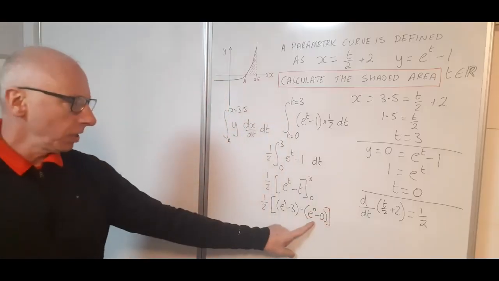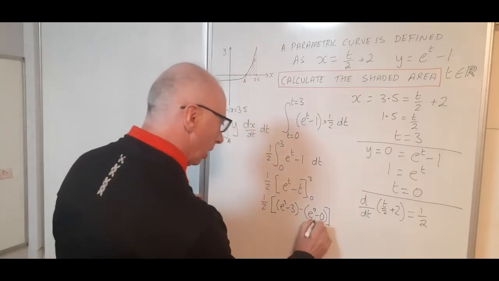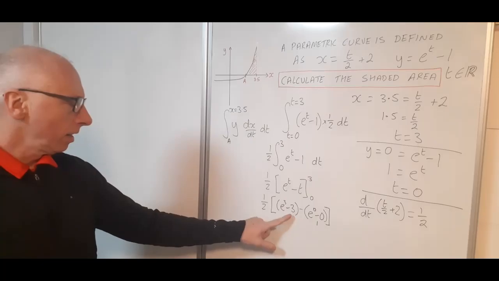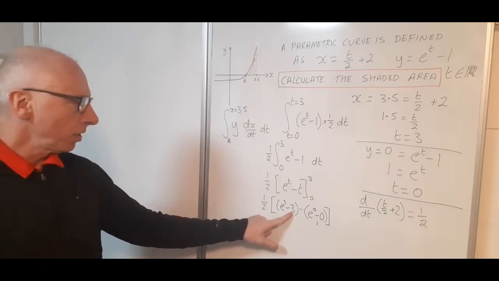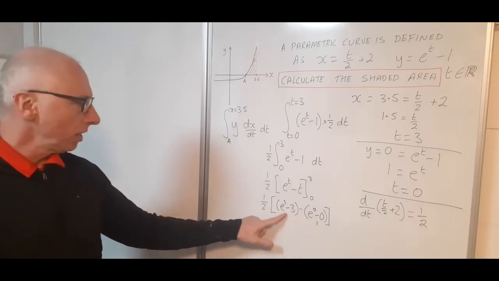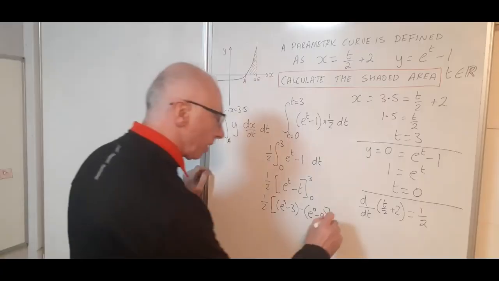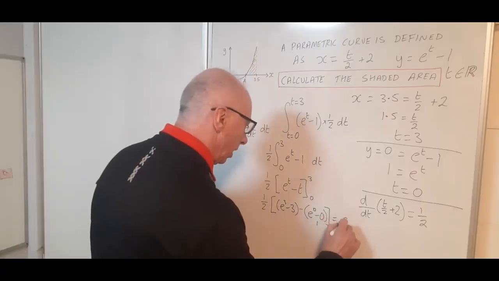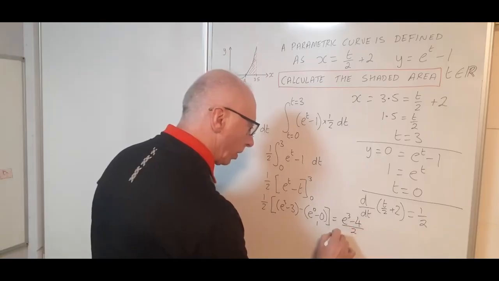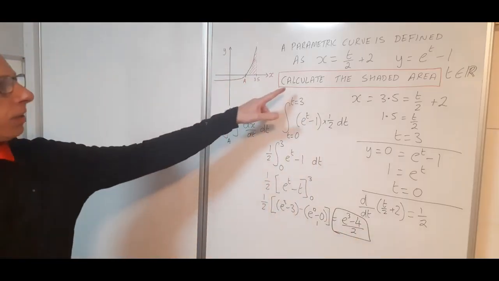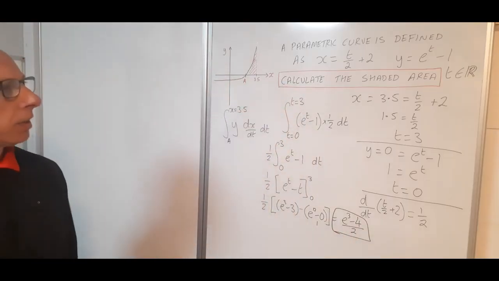Okay, well this just becomes 1 inside here. e to the 3 minus 3 is as it is. So I've got e to the 3 minus 1. So that's e to the 3 minus 4. And then times a half. So then that becomes e to the 3 minus 4 all over 2. And that is our answer to the area of the shaded region.